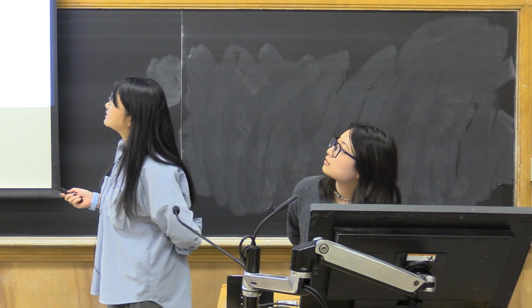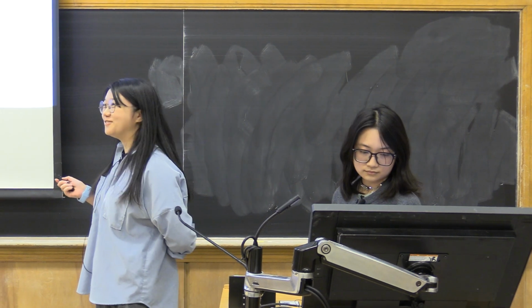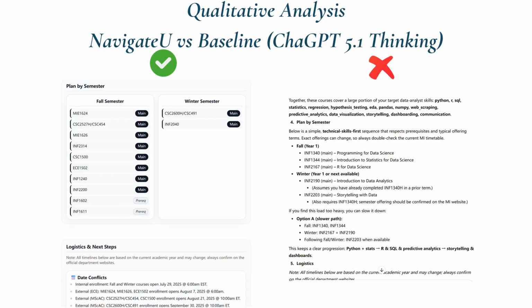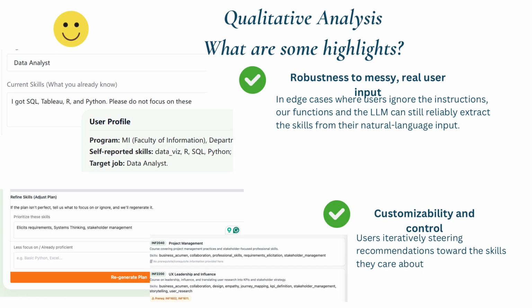In qualitative analysis, we are not only happy to see that NavigateU beat the baseline model and provided a reasonable report, but we also want to emphasize two important ways our models interact with users. First, when users do not follow our instruction, like not providing clean skill keywords, our models, along with our functions and the LLM, can still reliably extract the skills from the user's natural language sentences.